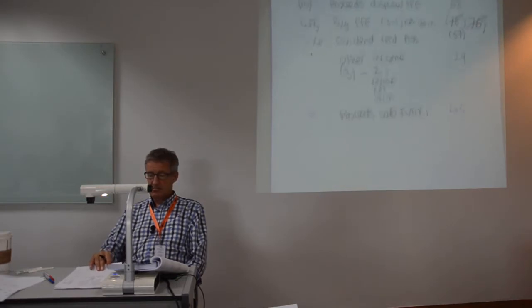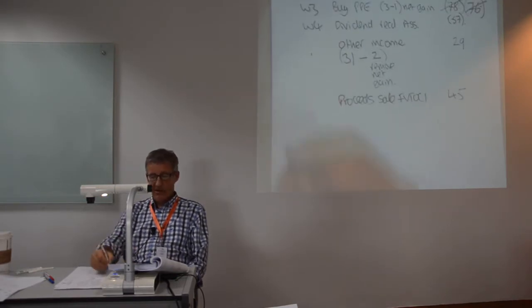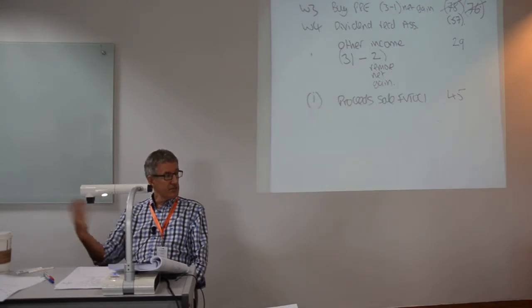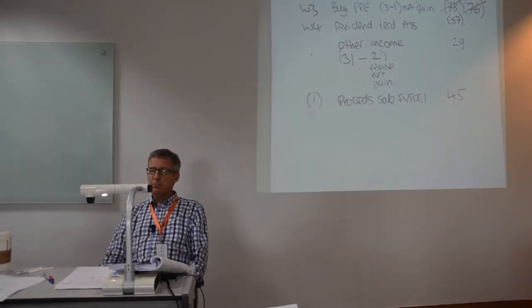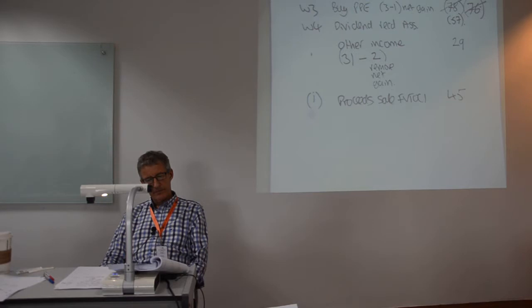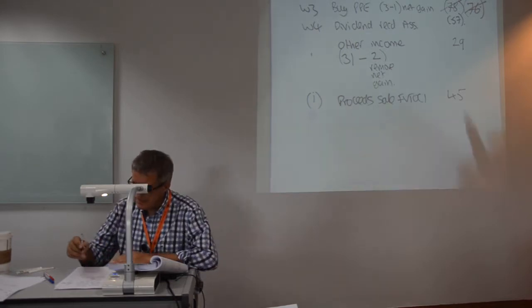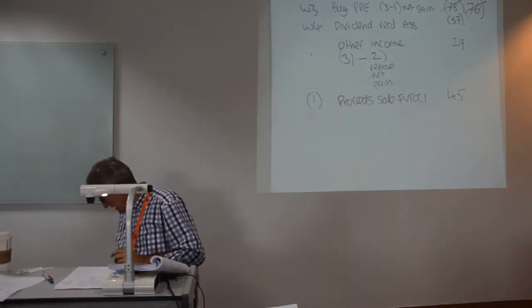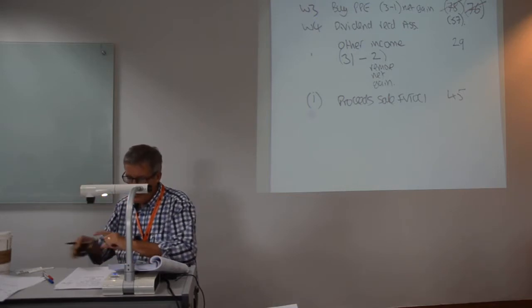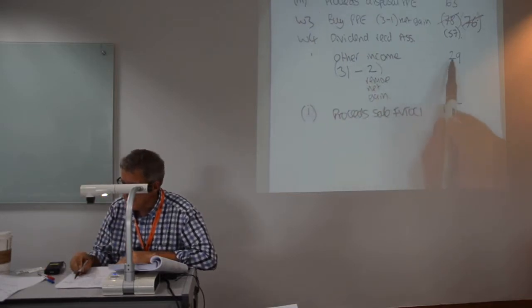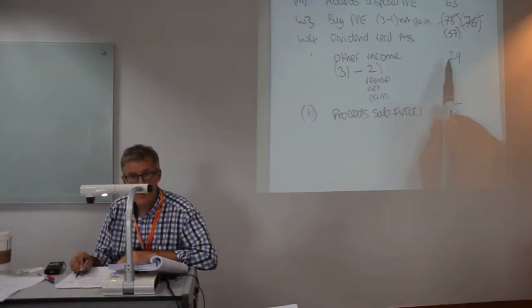Investing activities, 45. Money comes in because you've sold something. Did we make a profit or loss on that disposal? And how much was that profit? 7. And where was that profit taken? Other income. So, I don't know whether you're going to like this or not, but the other income of 29 includes a profit of 7, which isn't cash.